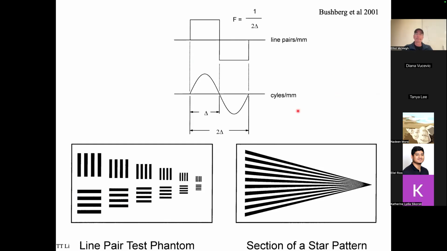And you can create phantoms. We just saw one line pair test phantom. Here's another one. This one's continuous. If you built a function that has this structure, essentially you can stick it in your scanner and see where these lines merge and measure the spatial frequency at which you can't measure anymore.